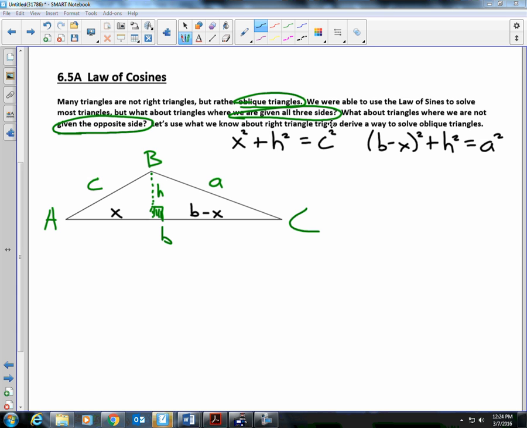We could get rid of the h squared pretty easily. H squared is equal to c squared minus x squared. And h squared is equal to a squared minus the quantity b minus x squared.